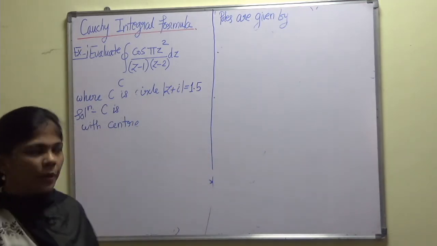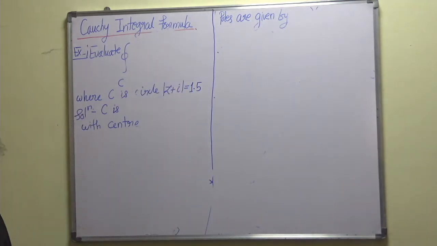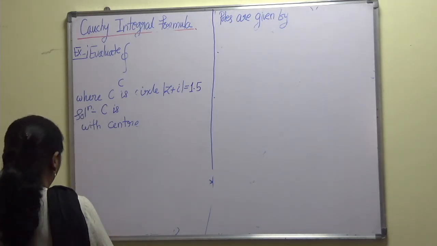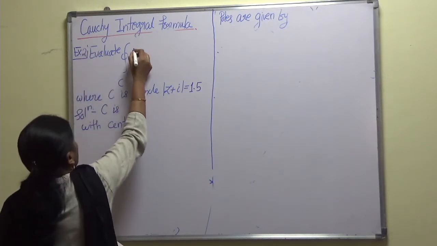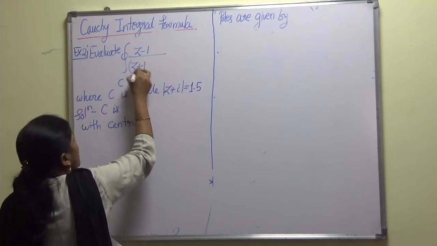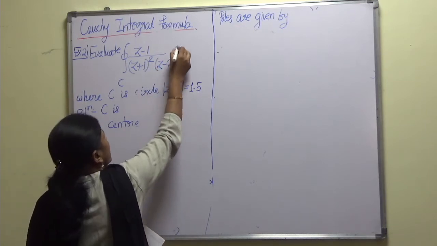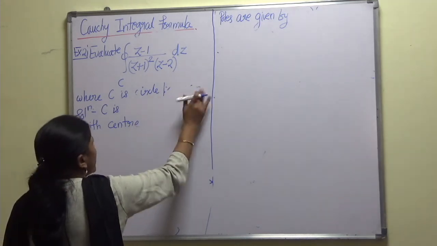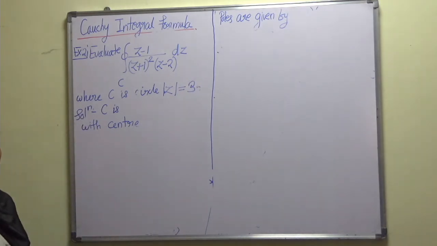Example 2: evaluate the integration over C of z minus 1 upon z plus 1 whole square into z minus 2 dz, where C is mod of z equal to 3, by Cauchy integral formula.